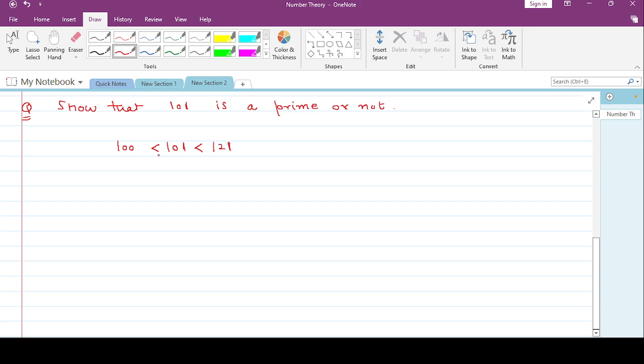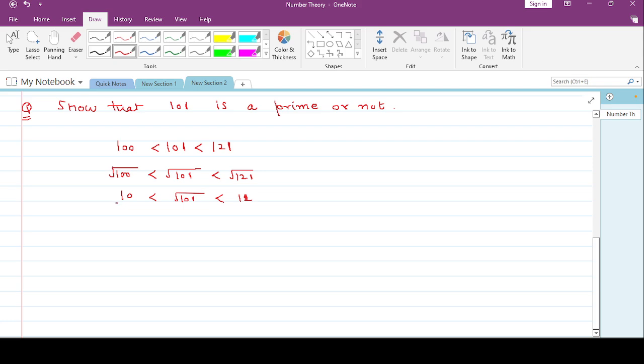So this 101 lies between 100 and 121. Now take the square root: 10 is less than the square root of 101, which is less than 11, the square root of 121.